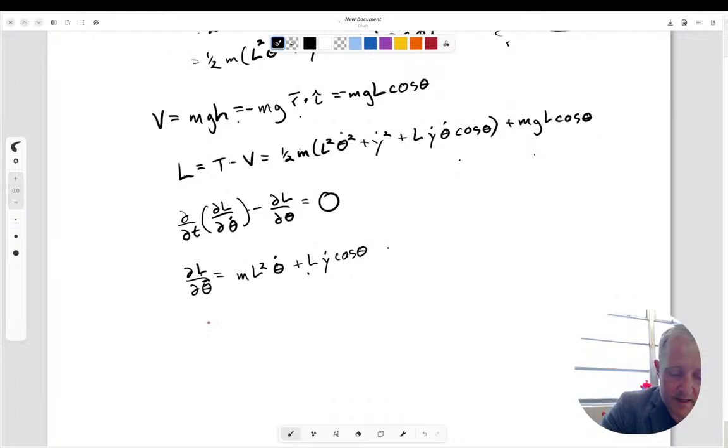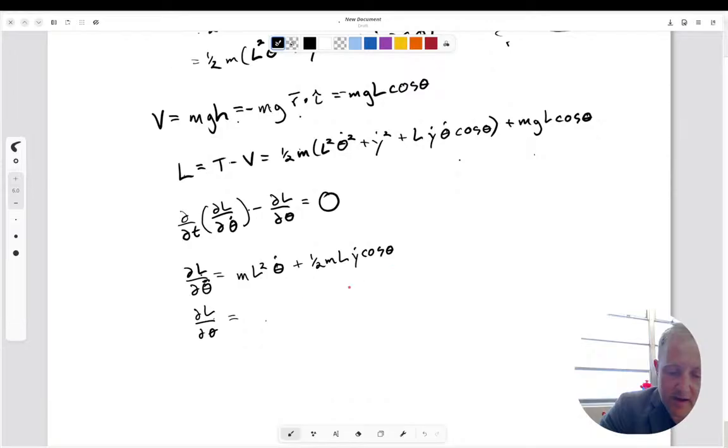That's our dot there. So dL/dθ, which is going to be those other terms... oh, you know what? Still need that 1/2 m, right? 1/2 m L ẏ cosine θ, like that.